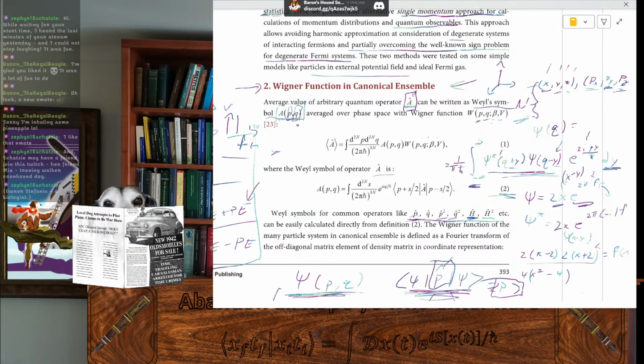I don't know why Q is location. That's just a pretty standard designation. Again, no clue. But anyway, okay. So if we want to know the average, again, we're trying to find the average value over a phase space with the Wigner function, right?